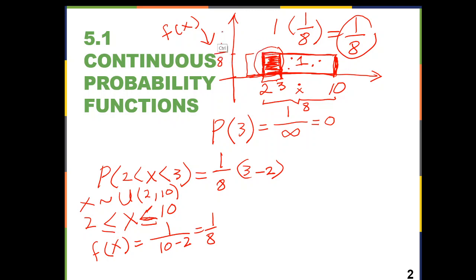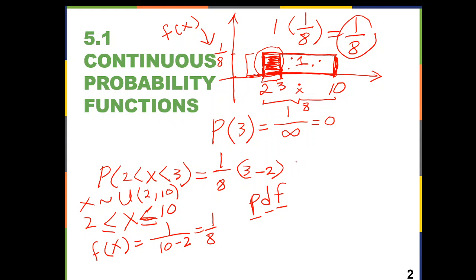But this 1 over 8 is not a probability, but something we call the PDF, probability density function. So what does that mean? It means probability per unit of length. So 1 over 8 is the probability per unit of length, whatever the unit of length is.